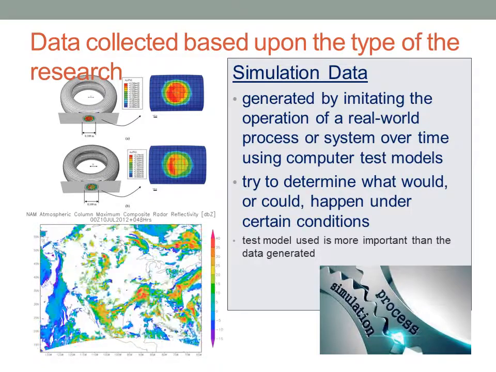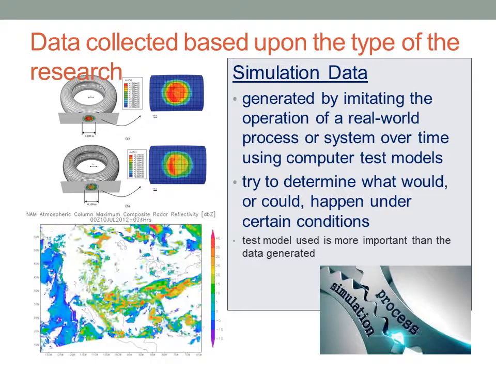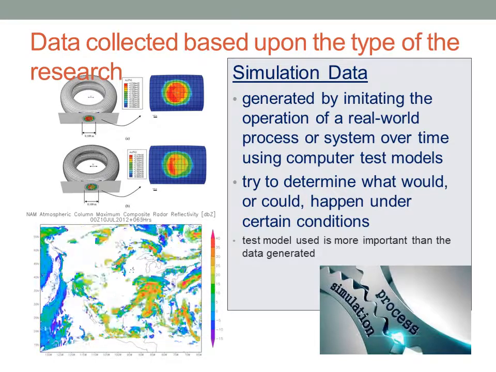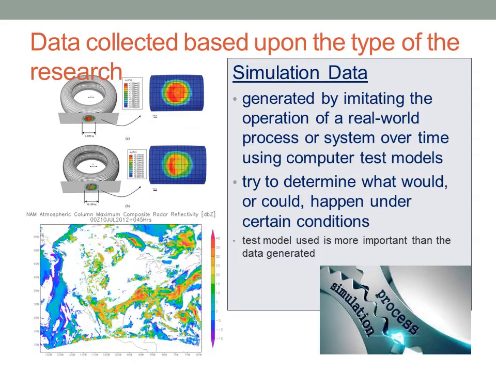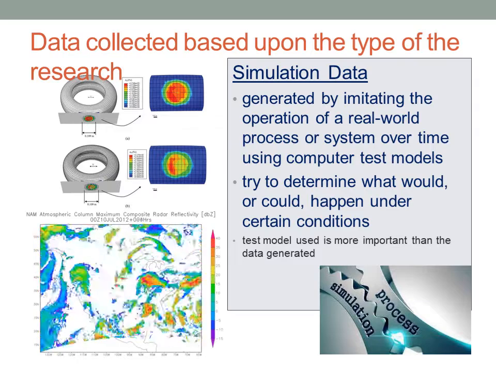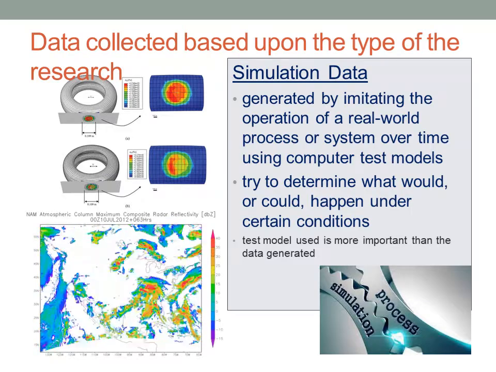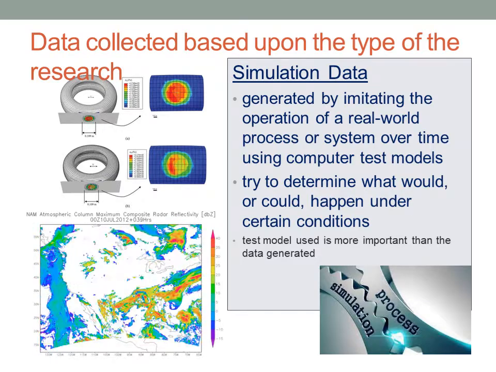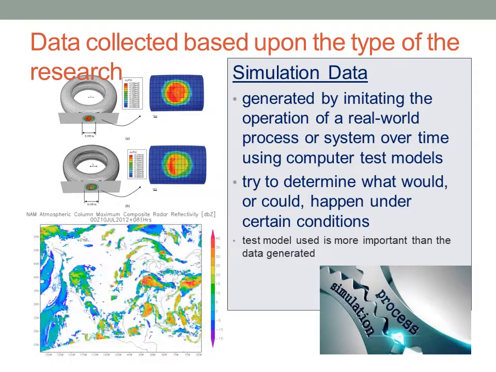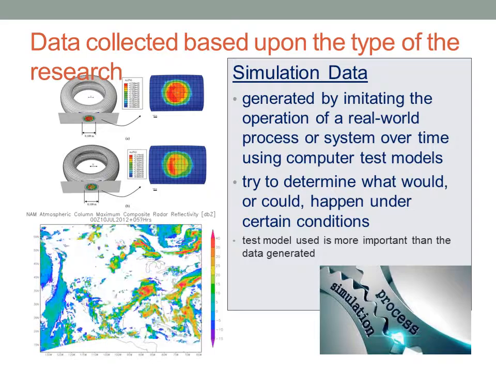So you call it computer test models. Once you give the test model, you will then generate data. So the test model plays the key role in this one. Simulations will determine what could happen under certain conditions.